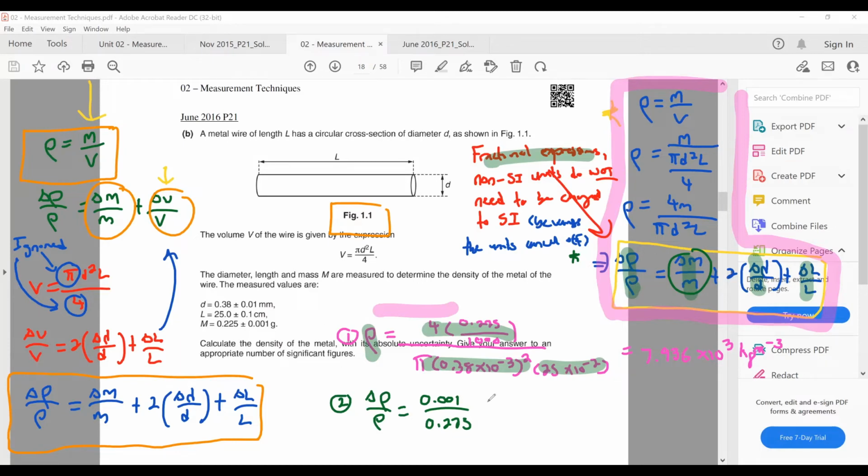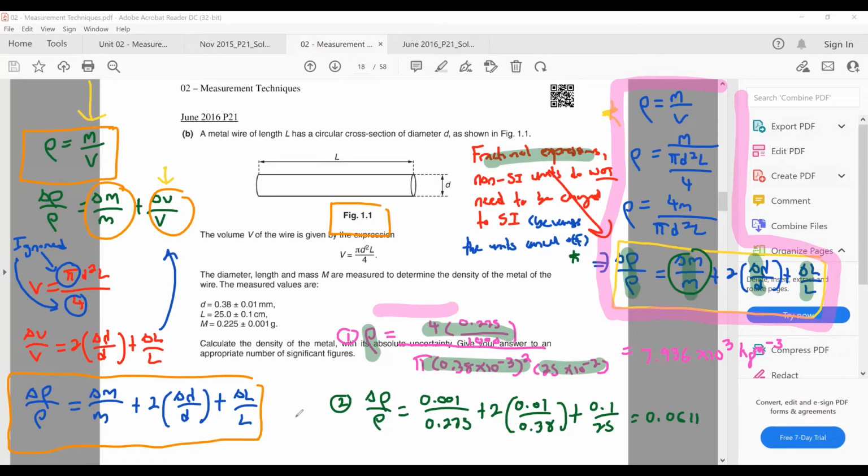They will cancel. So this is plus 2, 0.01 over 0.38 plus 0.1 over 25. This one will thus give you 225 plus, this one will give you 0.0611.